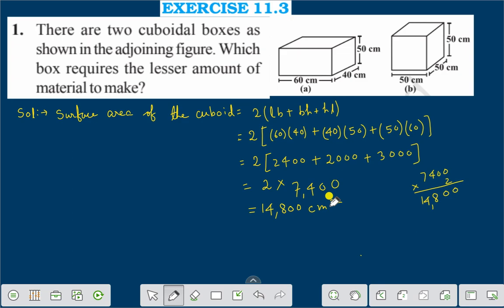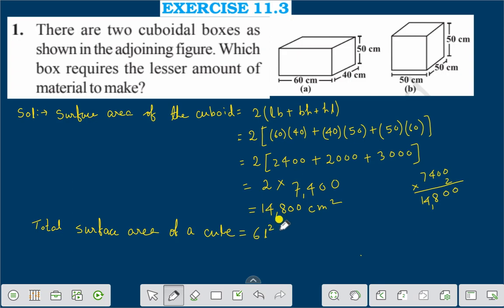Now, we will find the total surface area of the cube. This is a cube. We know that the surface area of a cube is 6 L square.